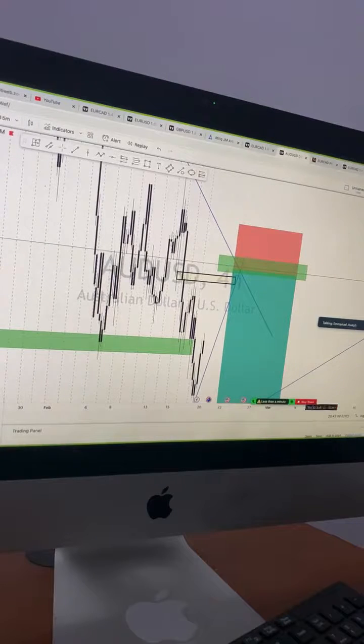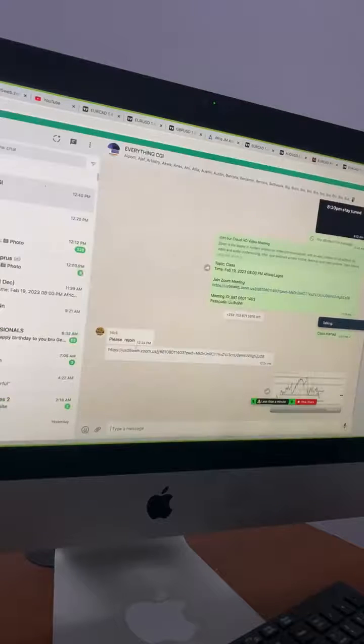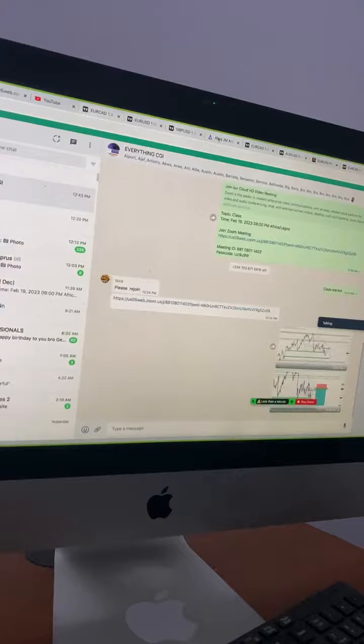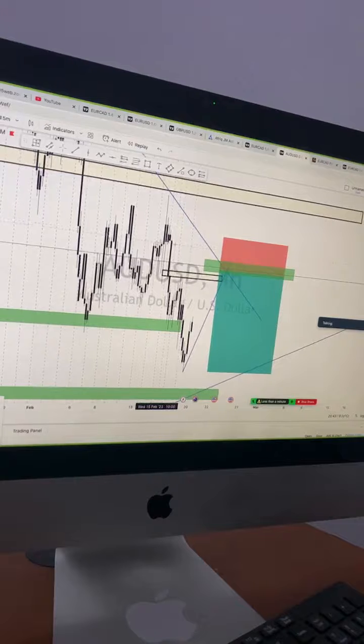If you wait for it, if you're patient about it, you make money. Do you get? So that's a simple price action that we can take there. Any questions?